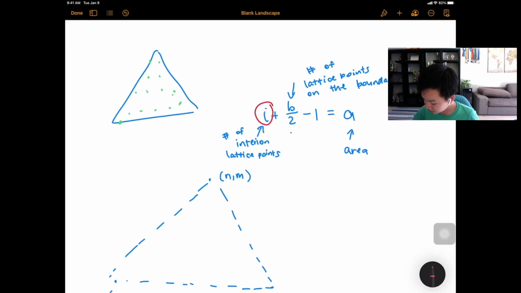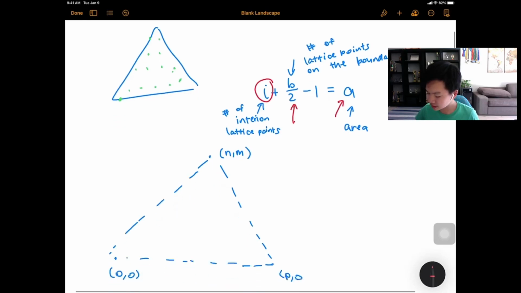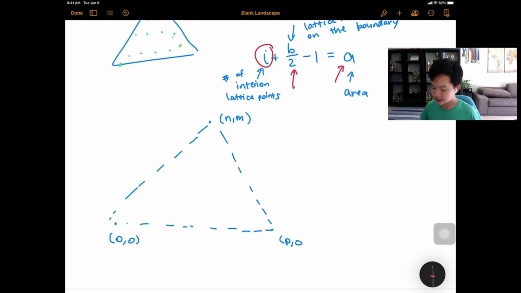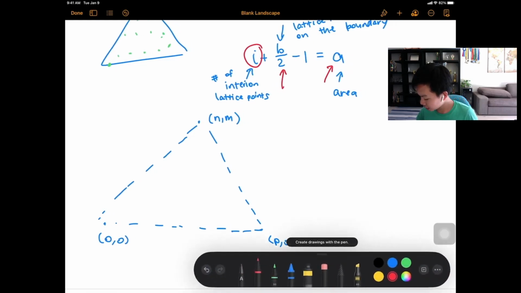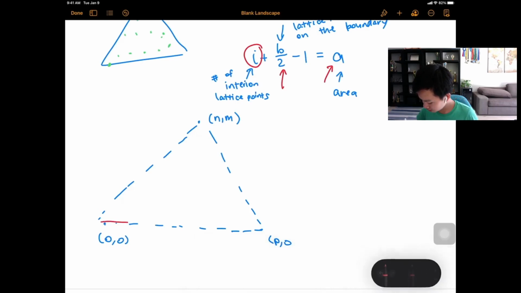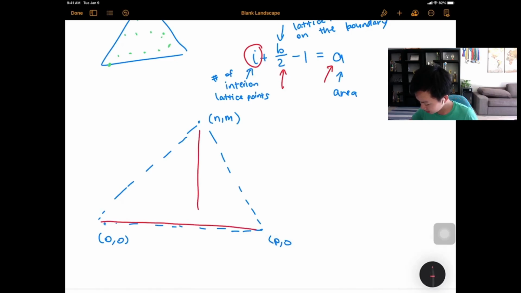So now we just need to find B and A, so we can use some algebra and deduce what I is. So let's first look at the area. The area of a triangle is equal to base times height over 2.